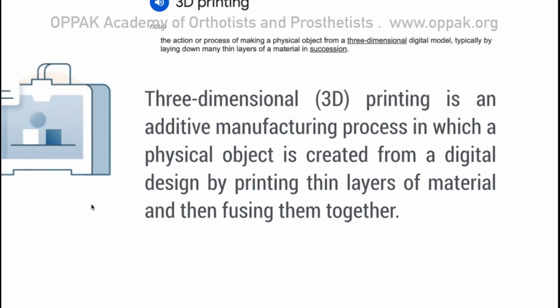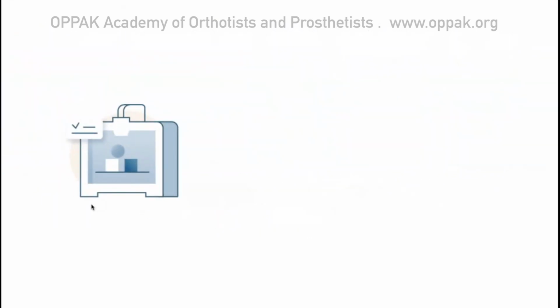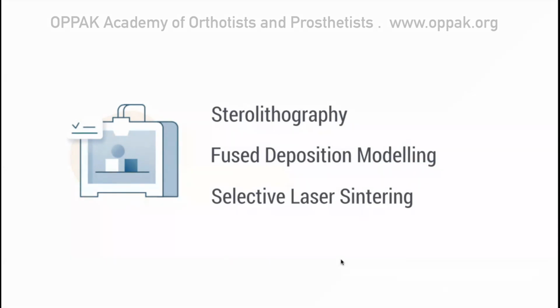So first we will go for the different types of 3D printing process. These are the three main types of 3D printing: one is stereolithography, one is fused deposition modeling, and the third is selective laser sintering.